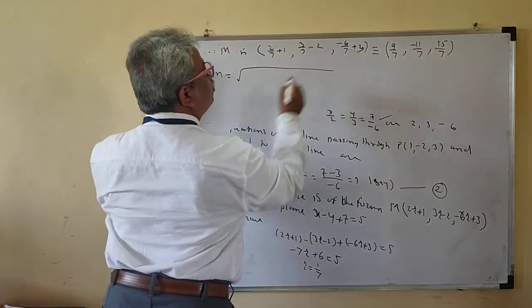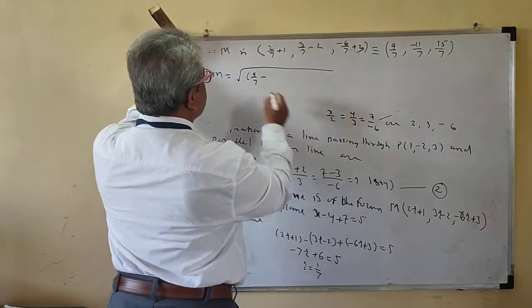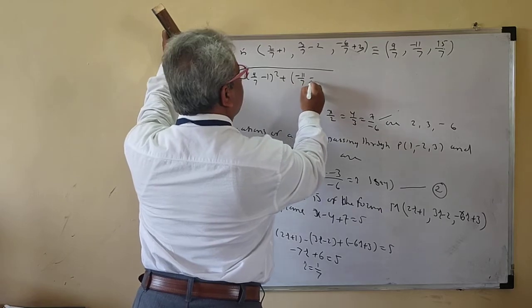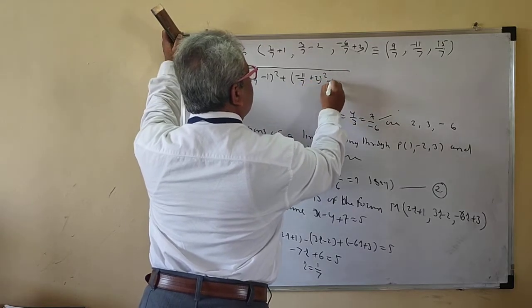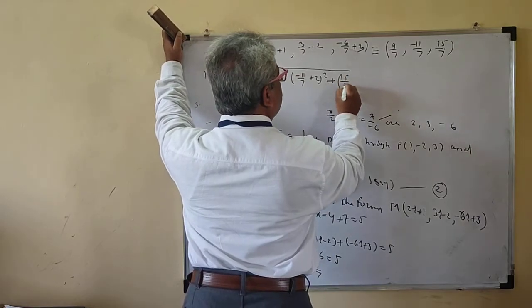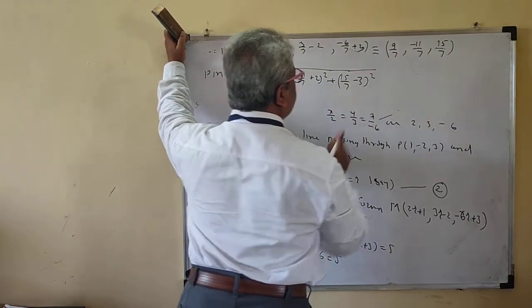So this is root of 9 by 7. Your P is this. Okay, bracket square, plus minus 7 by 7 plus 2 bracket square, plus 15 by 7 minus 3 bracket square.